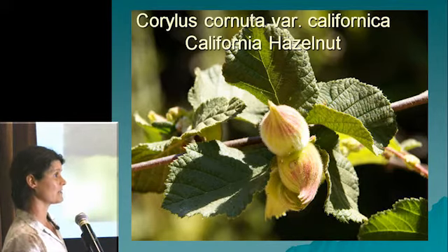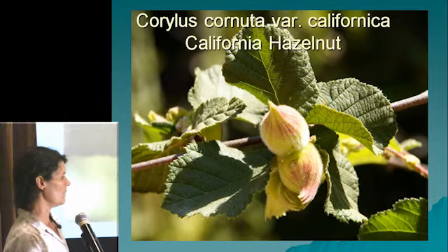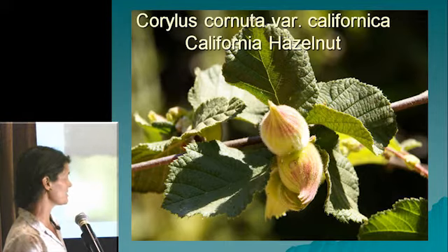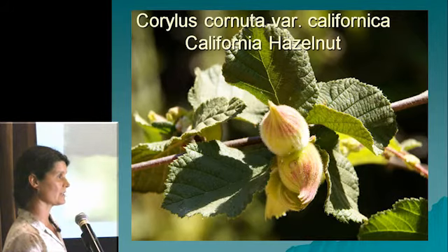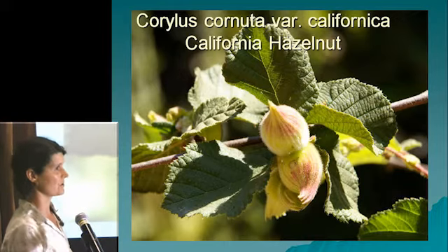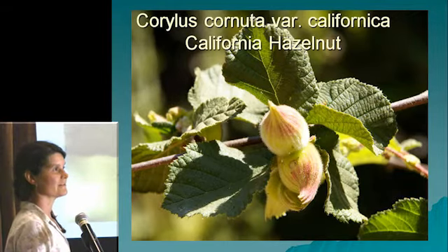They have a very nice open habit, very delicate leaves that are hairy, and you're lucky if you can get the fruit before the critters do. It's edible by us too. But our California one is a little bit smaller than the one that grows up north in Oregon. They actually have a different variety, and it's the one that is used commercially for hazelnuts.